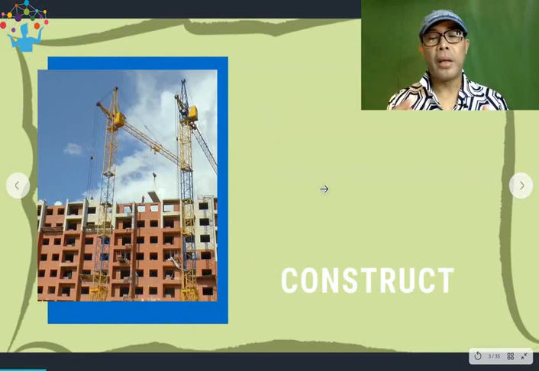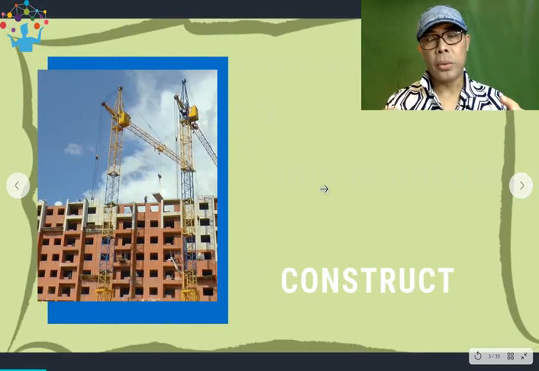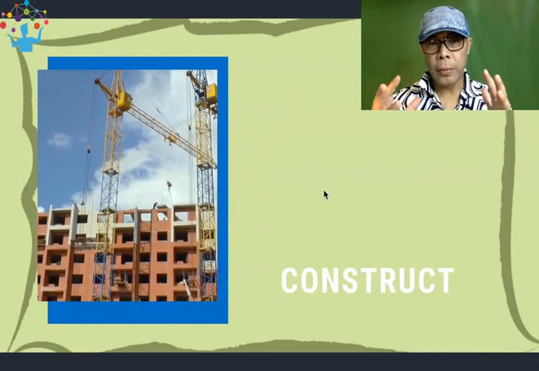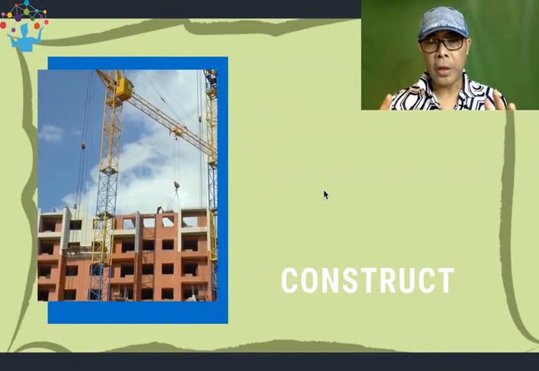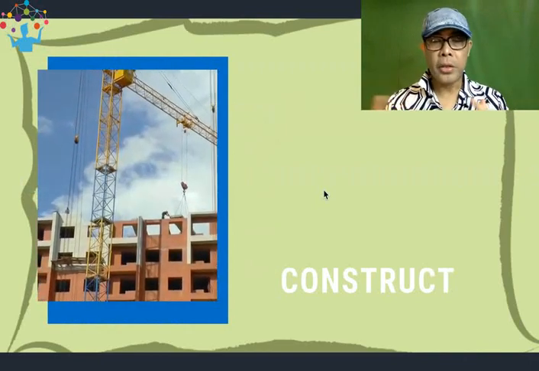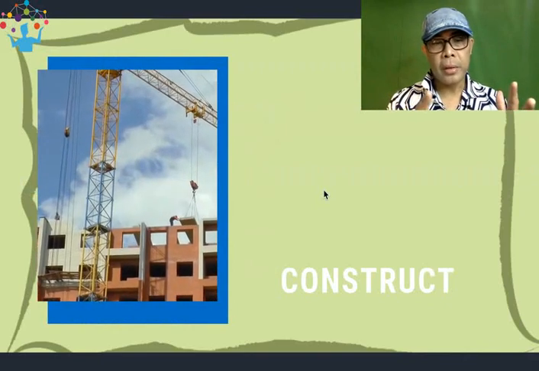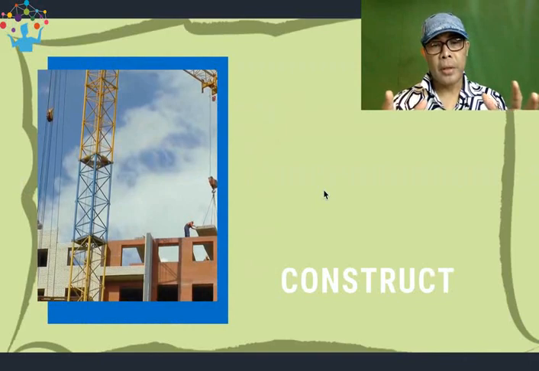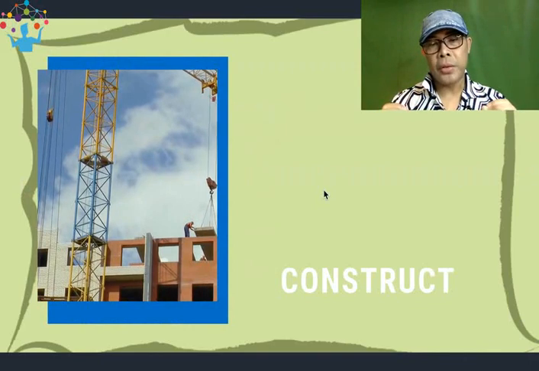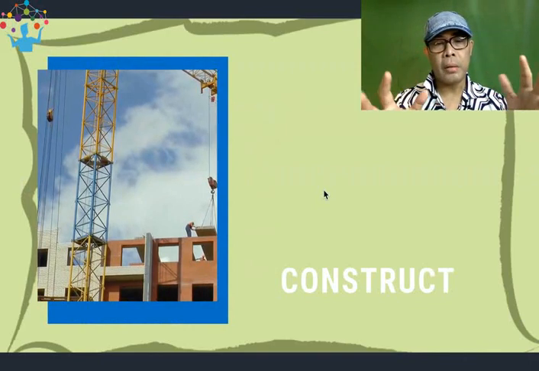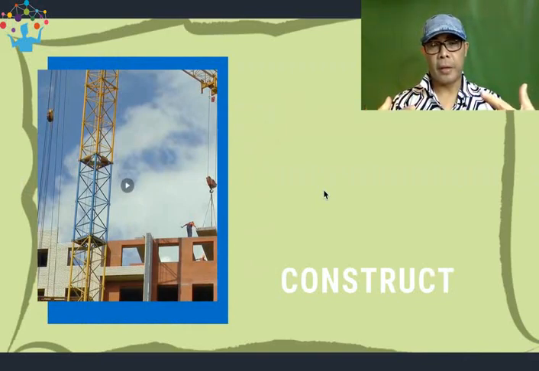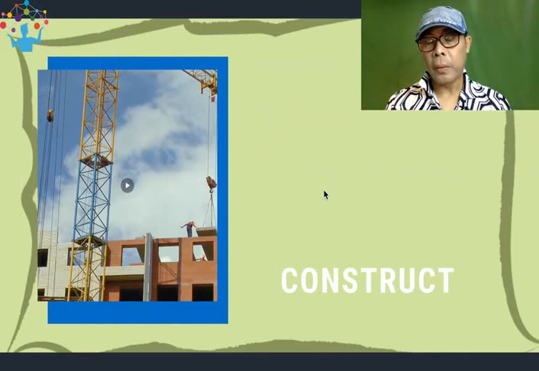So let's understand the word construct. What comes to your mind when you hear or encounter the word construct? As you see in the picture, they're building a specific structure. When we talk about construct, it's like putting all the elements together, piling things together until they come up with a specific goal.